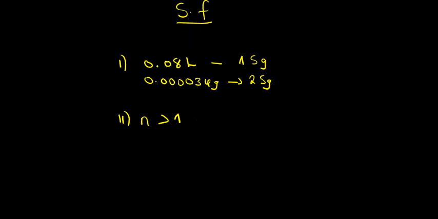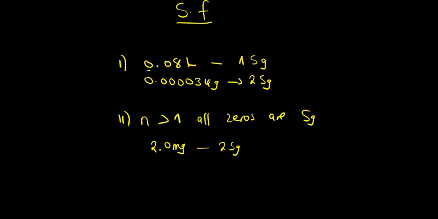So if a number is greater than 1, then all zeros are significant figures. Okay, so for example, if you have a number 2 point, let's say 0 mg or milligram, this number is less than 1 here, but here it's greater than 1. So this has how many significant figures? It has 2 significant figures. Okay, that's what we mean there.